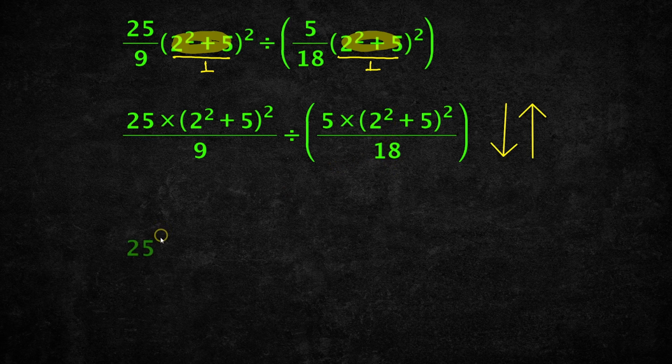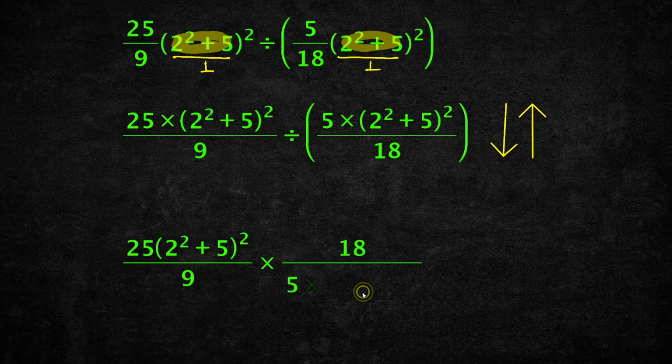So on the left side we just copy the 25 times this value. I can use the multiplication sign, or I can just put the 25, it doesn't matter, because we are not simplifying at this stage. It's the same thing, it multiplies. Switch it to a multiplication sign, then take the parentheses out, switch the denominator and the numerator, and it's 5 times this value.